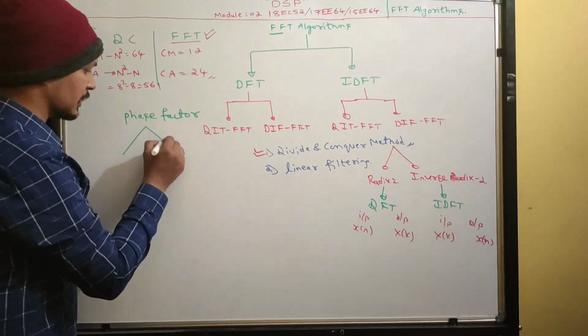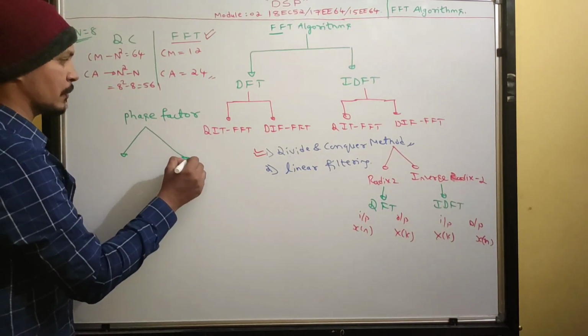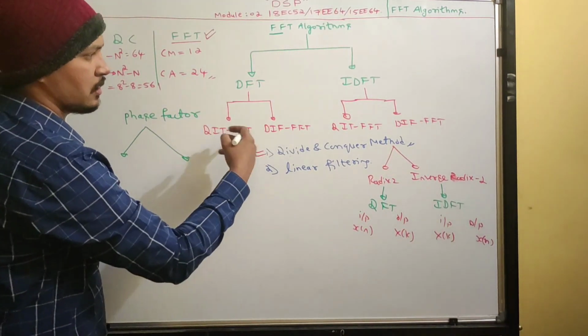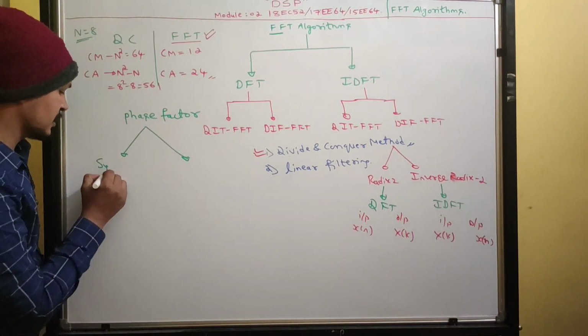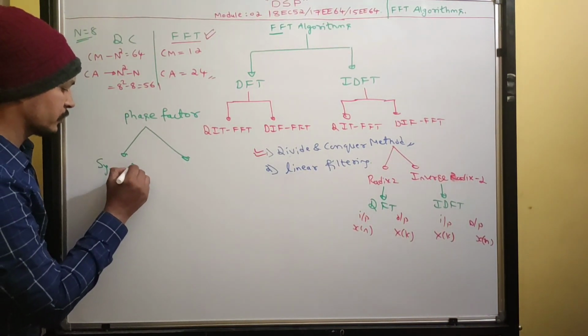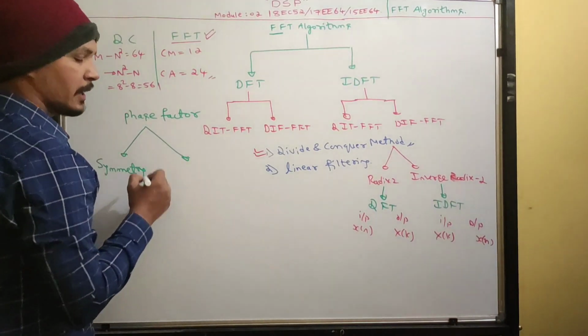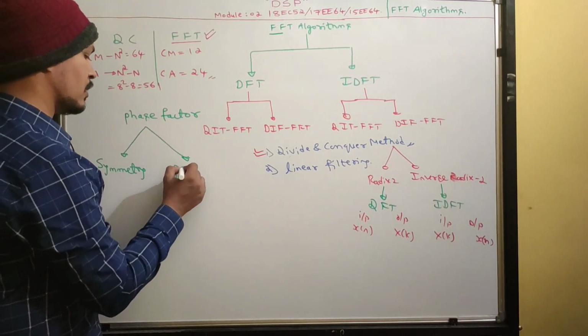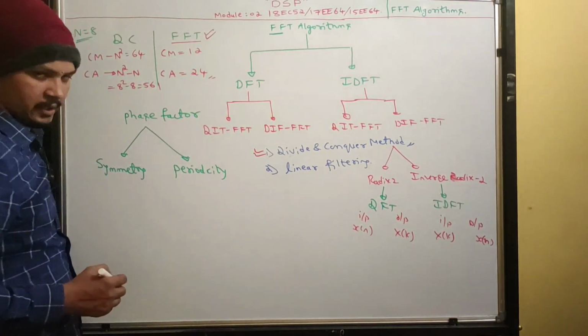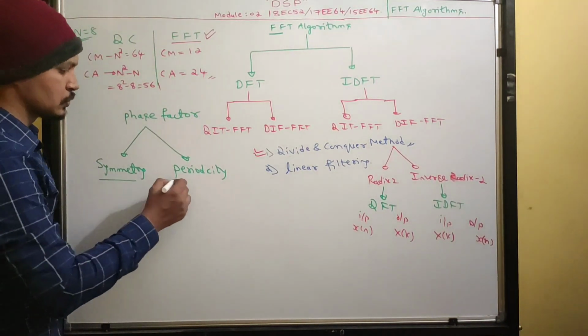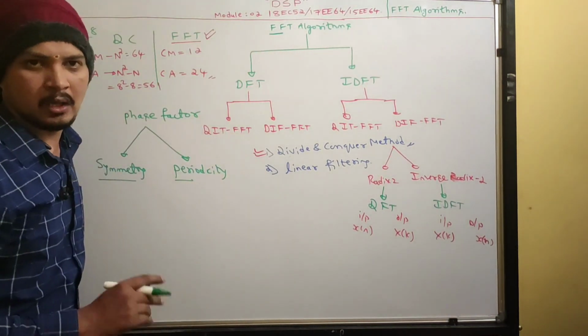In DIT and all these methods, we apply two properties. One is the symmetry property, and another one is the periodicity property. We use these two properties in FFT algorithms.